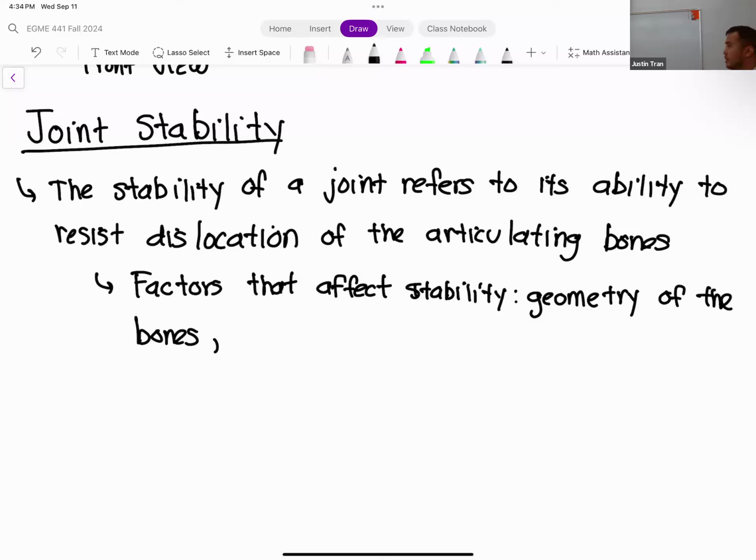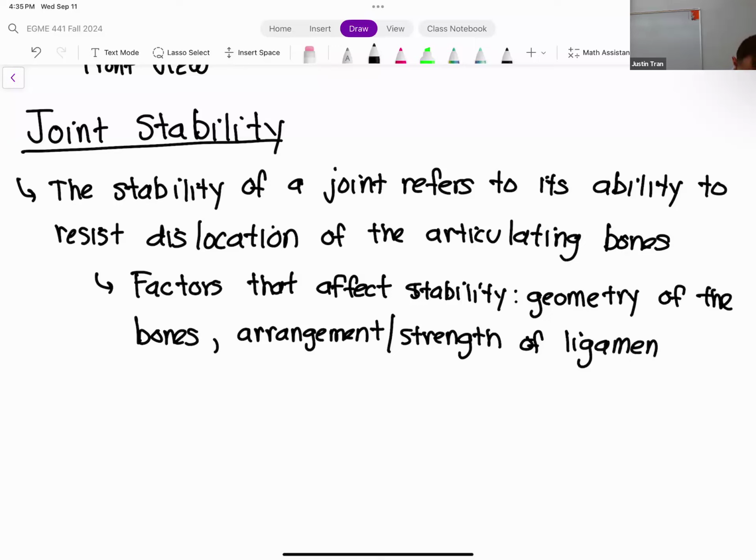Another factor is the arrangement of all of the ligaments in the area. If you recall, ligaments are soft tissues in your body that connect one bone to another.